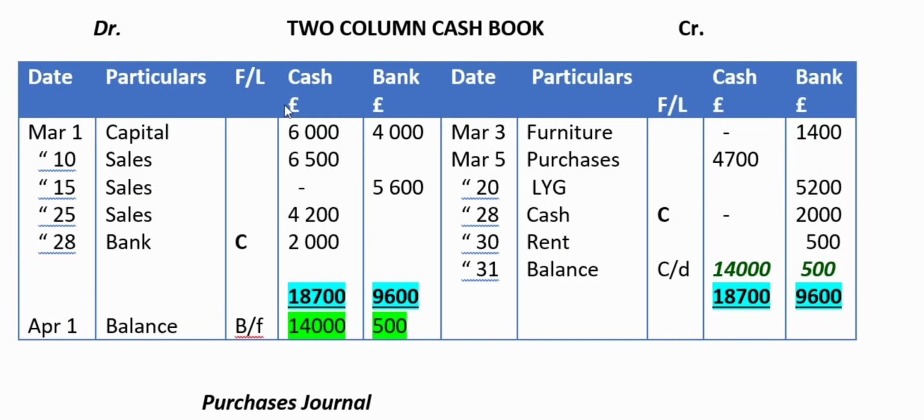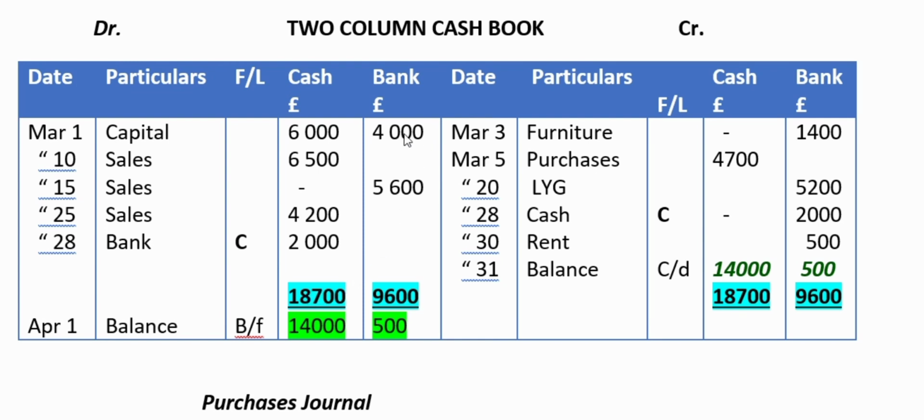So let's move ahead by adding the figures. Now let's go to the debit side, the cash column. First of all, we have capital of 6,000, sales 5,600, another sales on the 25th 4,700, sales on the 12th 4,200, and another entry on the 28th, 2,000. All these are added. When added, we have a total of 18,700 in the cash column.